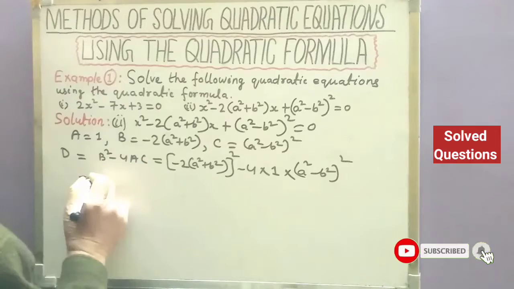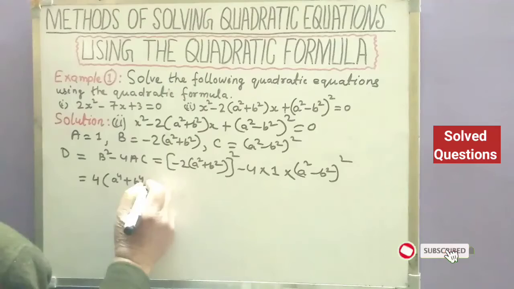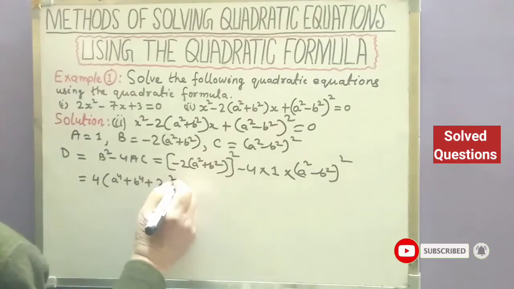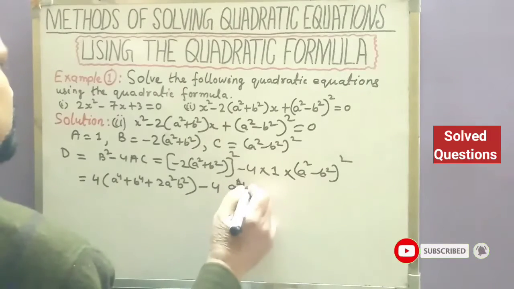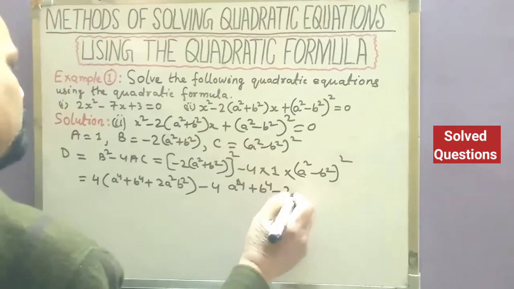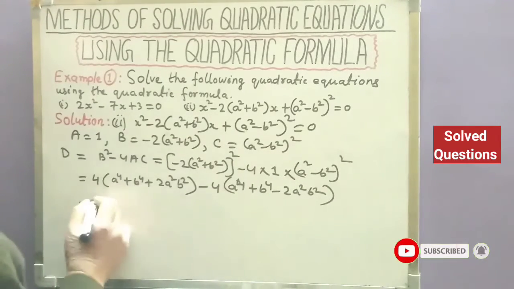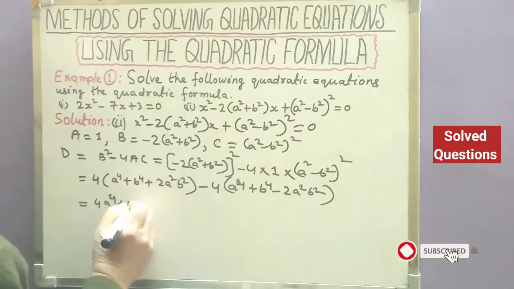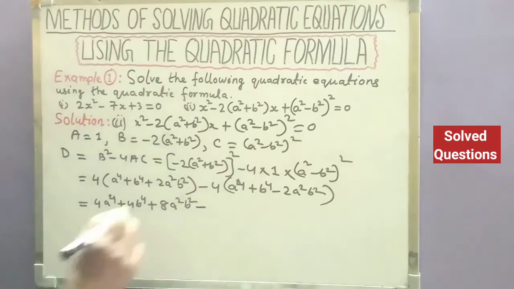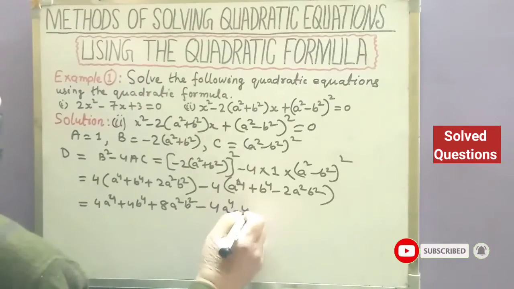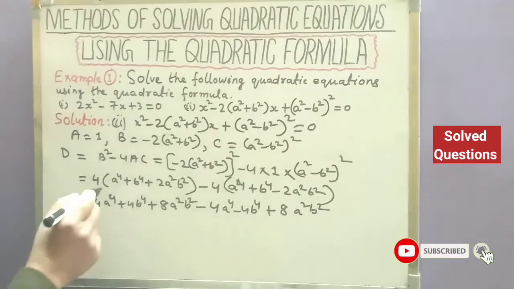So simplifying, we get 4 into (a to the power 4 plus b to the power 4 plus 2a square b square) minus 4 into (a to the power 4 plus b to the power 4 minus 2a square b square), that equals 4a to the power 4 plus 4b to the power 4 plus 8a square b square minus 4a to the power 4 minus 4b to the power 4 plus 8a square b square.